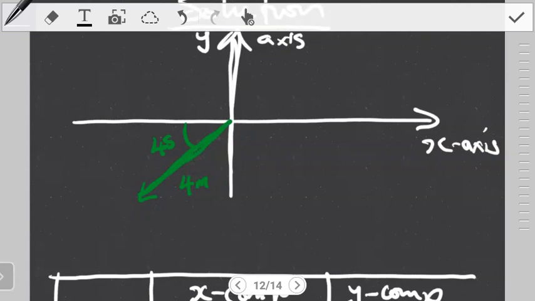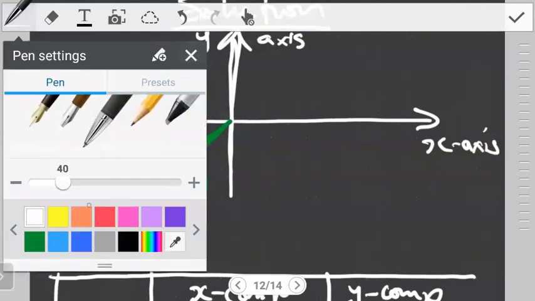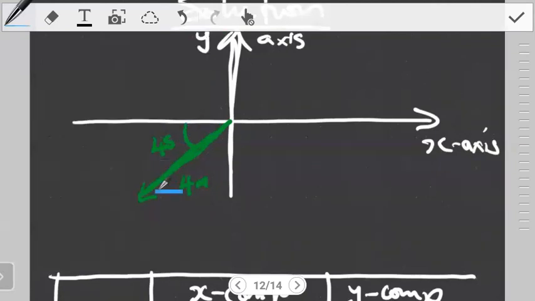Well, what we have to do is we observe the components that make this vector. So again, I want to enclose that angle. So this is going to be my horizontal, and then this is going to be my vertical. That makes my vector. So once I have this, I have a right angle triangle. This is A in the x-axis, and this is A in the y-axis.